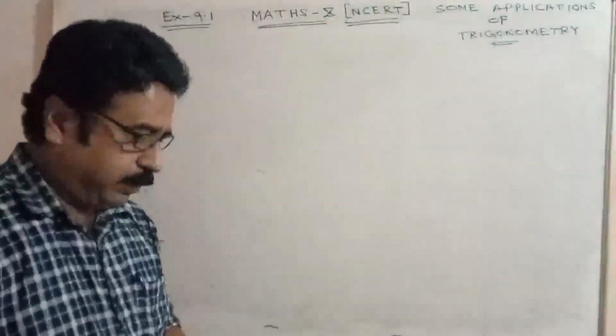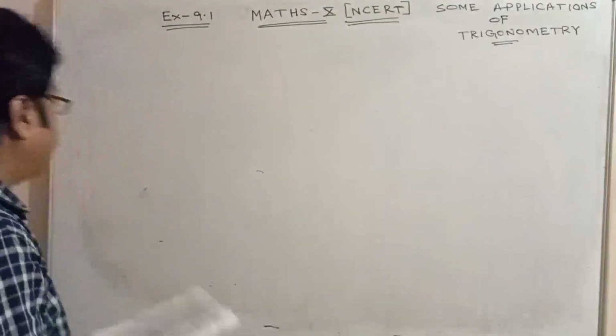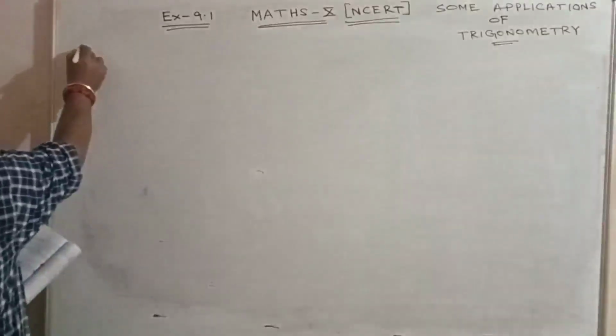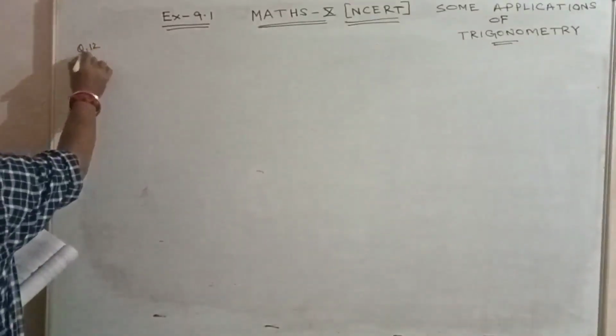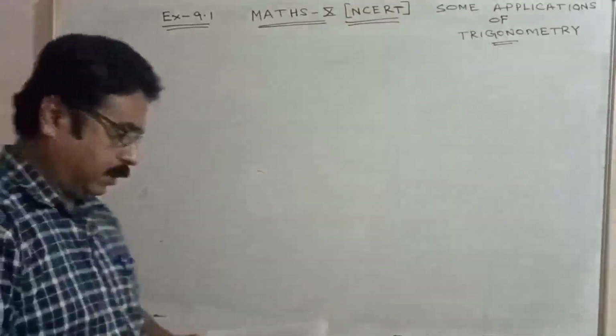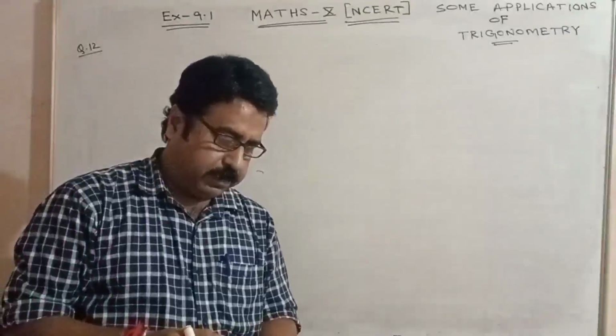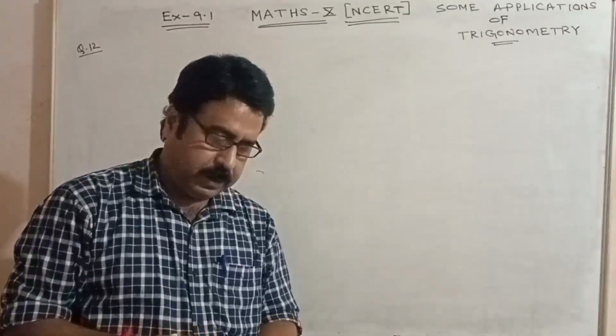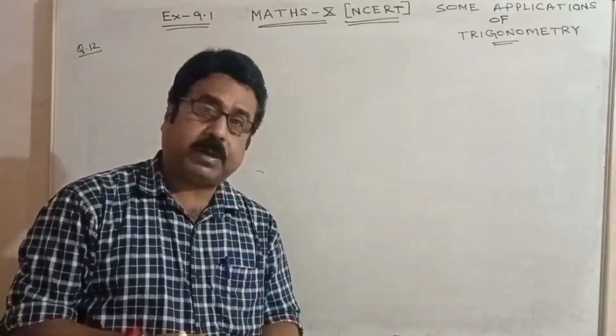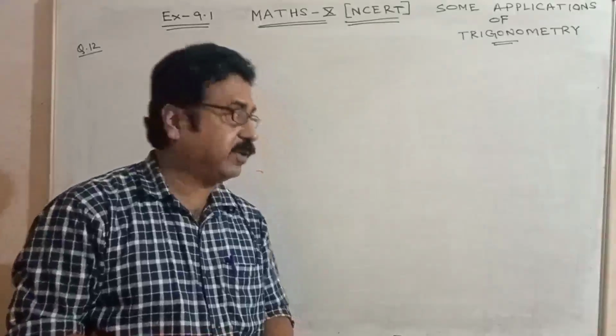Now question number 12. From the top of a 7-meter high building, the angle of elevation of the top of a cable tower is 60 degrees.